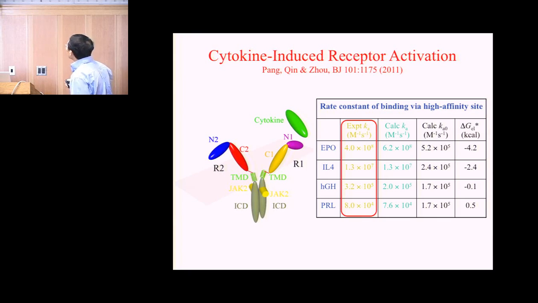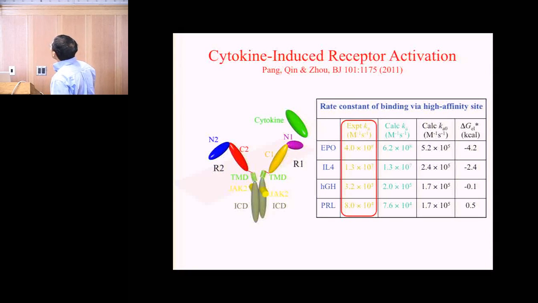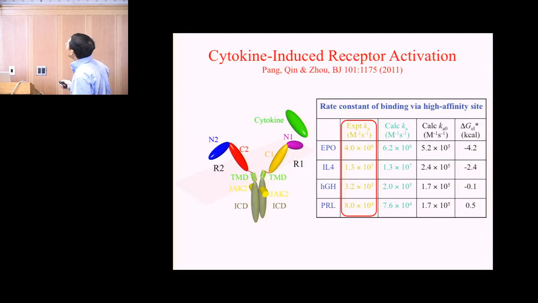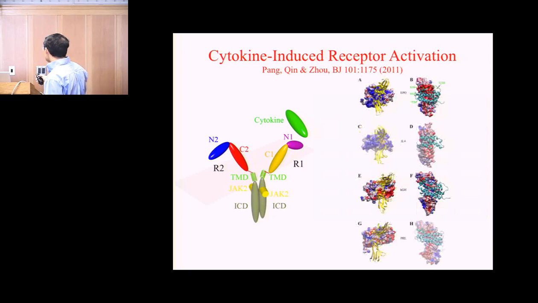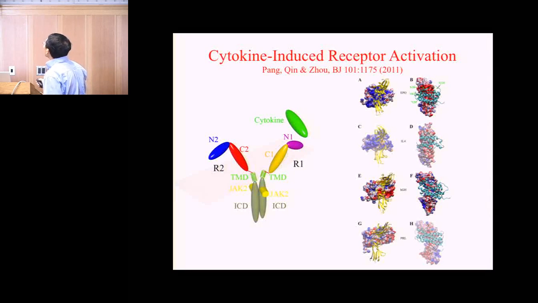The electrostatic interaction energy in the transient complex differs by about 5 kcal per mole, and that essentially accounts for the difference of this 4 orders of magnitude. And if you look at the electrostatic surface, you can easily see why the rates can be so different. The highest rate is for EPO binding to its receptor.